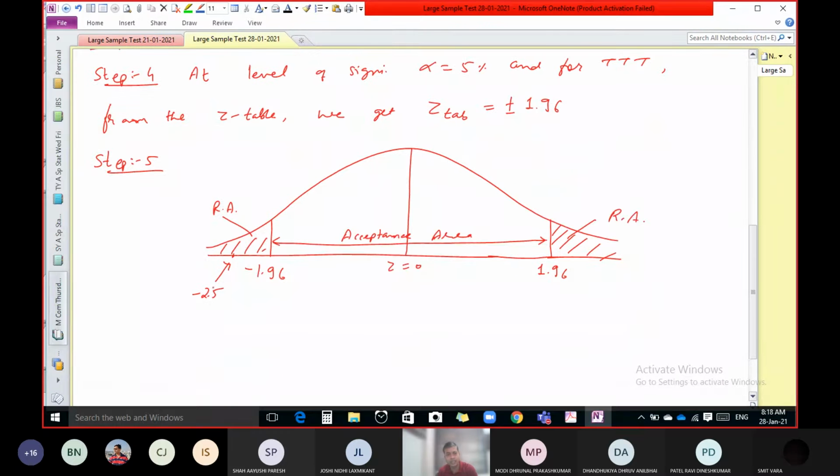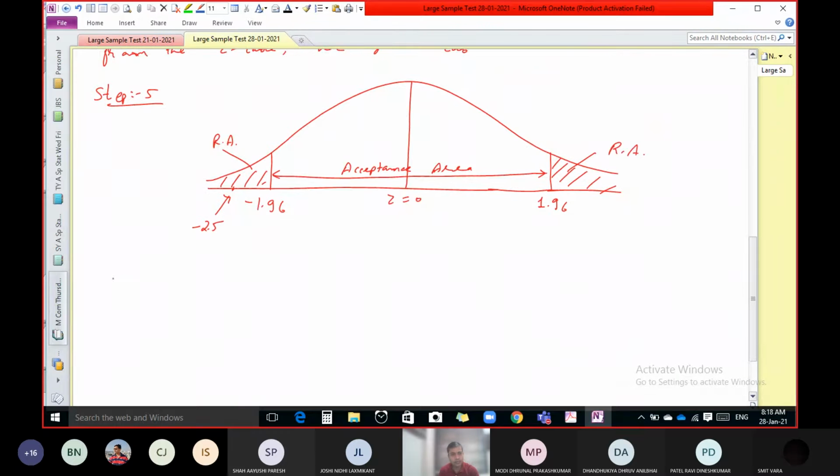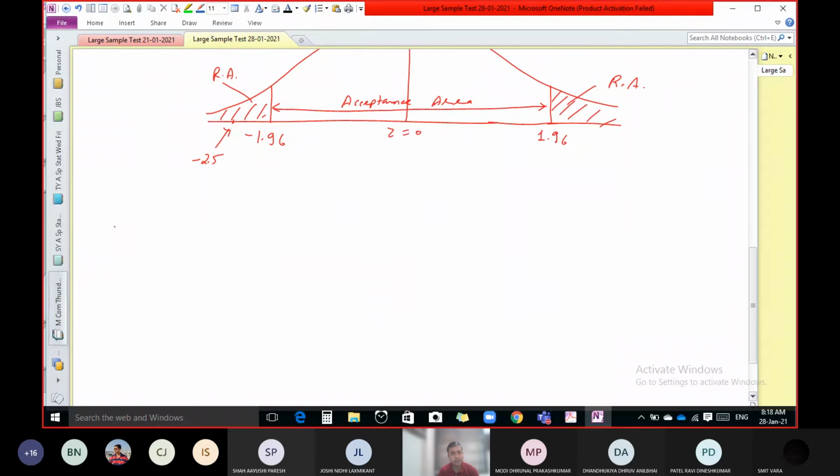So you can write like this. Here, ZCal is in the rejection area. So H0 is rejected.